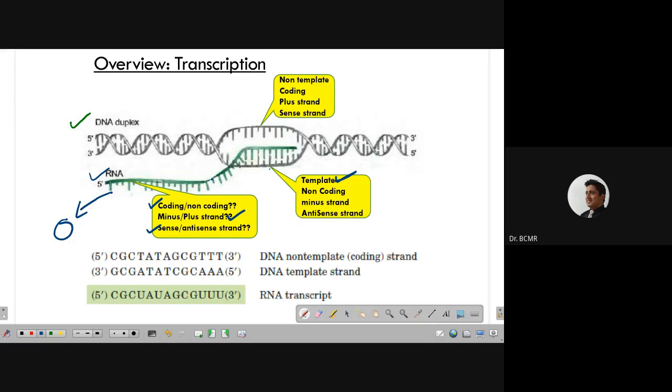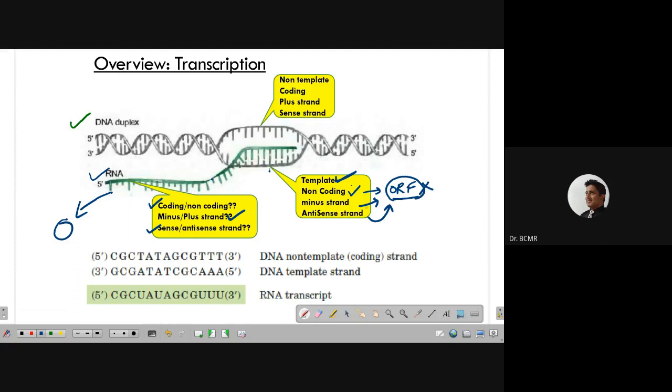So the bottom strand here is the template. It is the non-coding strand because it does not have the ORF. It actually has the complementary of the ORF. So you call it non-coding. For the same reason you call it the minus strand, you can also call it the antisense strand.